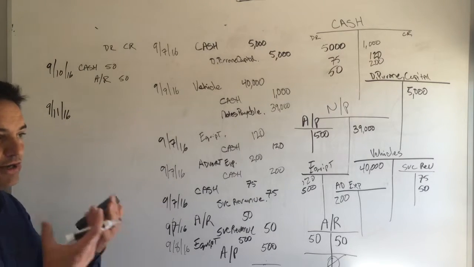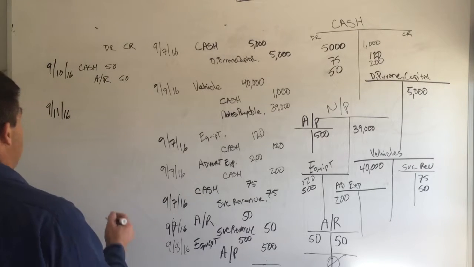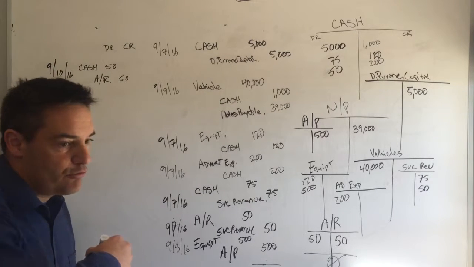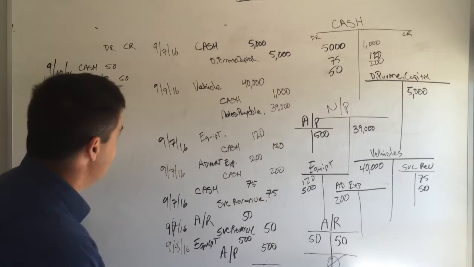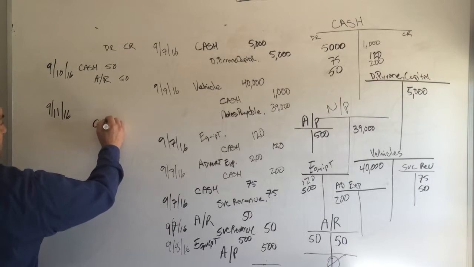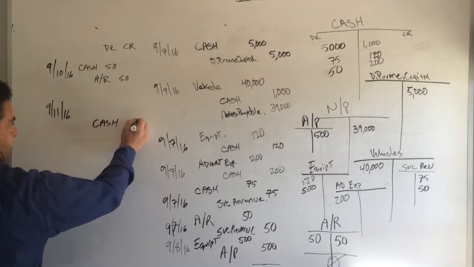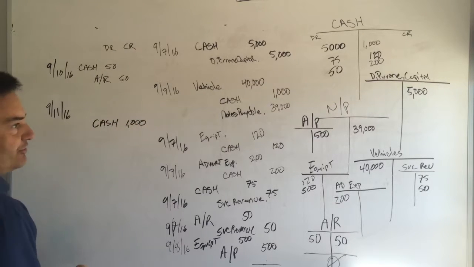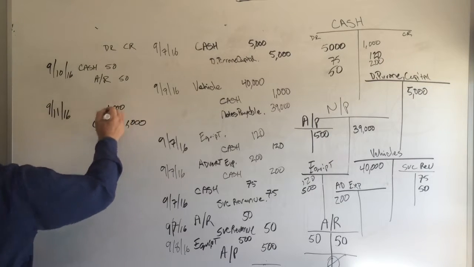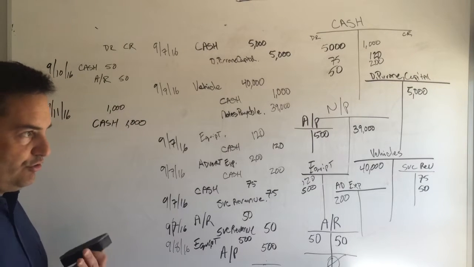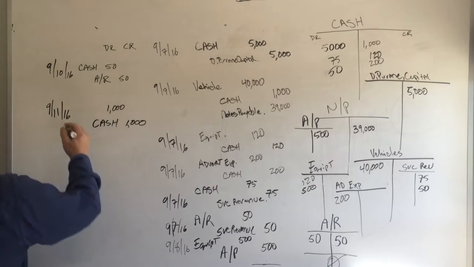And you're withdrawing equity from the business. And so the owner will write a check. Whenever you write a check, regardless of who the check goes to, we credit cash. And so we're going to credit cash for $1,000 because that's how much the check was for. And if you credit something for $1,000, you got to debit something for $1,000, and the account that we are going to debit is the drawing account.